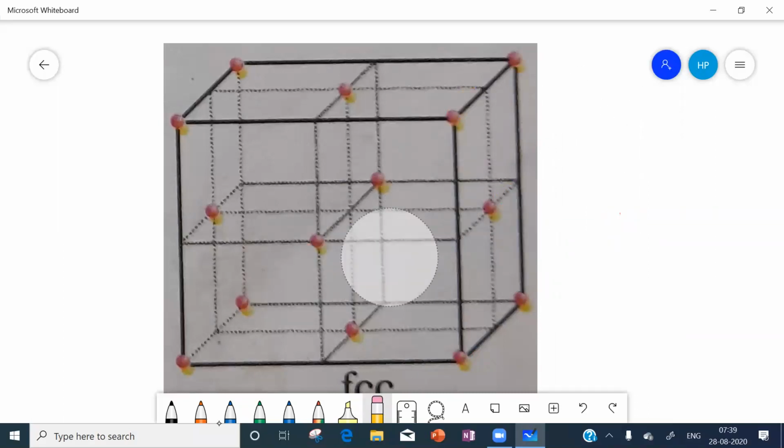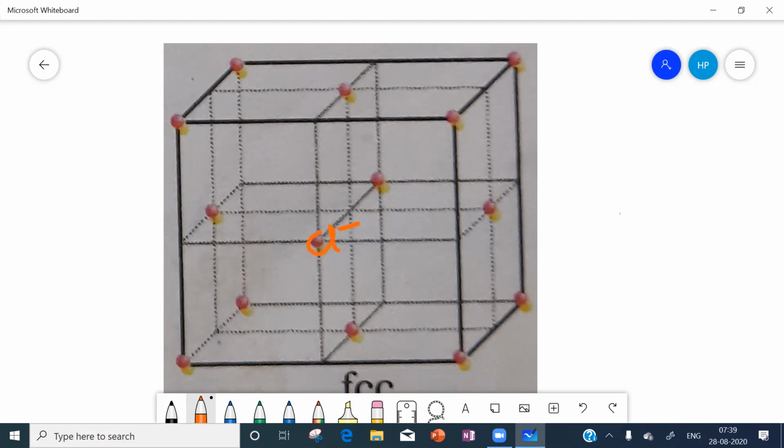Then we will take Cl minus coordination number. Suppose we take this face center Cl minus.